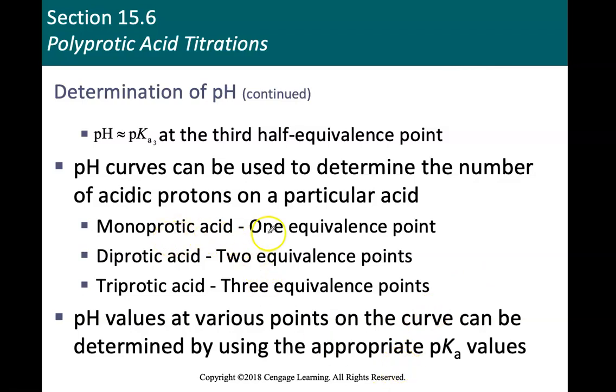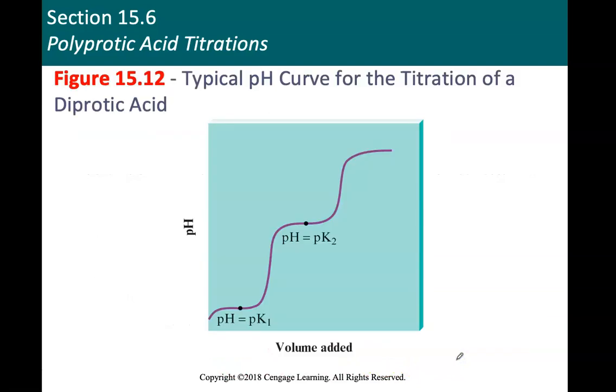So this is what we expect when we are looking at a multiprotic acid. Only one equivalence point for a monoprotic acid, two equivalence points for a diprotic, and three equivalence points for a triprotic. And the pH values at various points of the curve can be determined by using the pKa values.